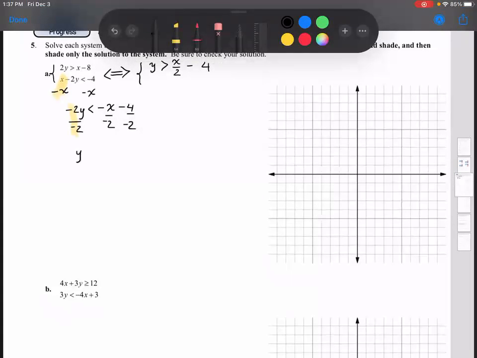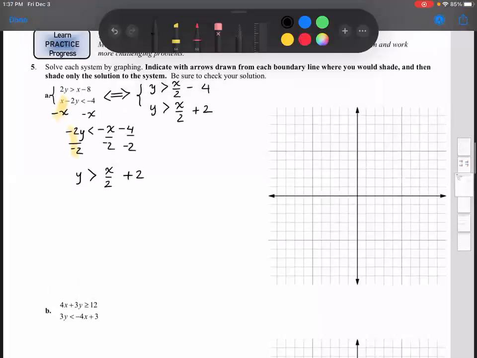So now I have y is less than or greater than? When you divide or multiply both sides by a negative number, what happens? You flip the sign, right? So now it's going to be y greater than x over 2, and the minus becomes positive. So that's the second inequality: y greater than x over 2 plus 2.